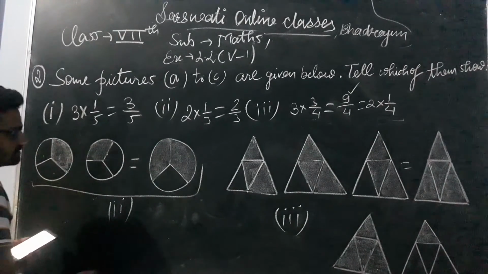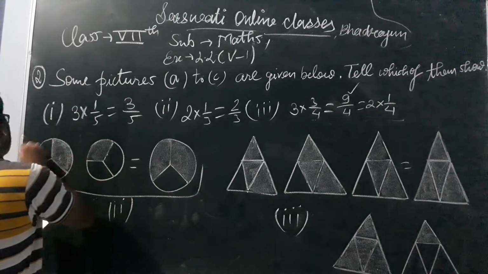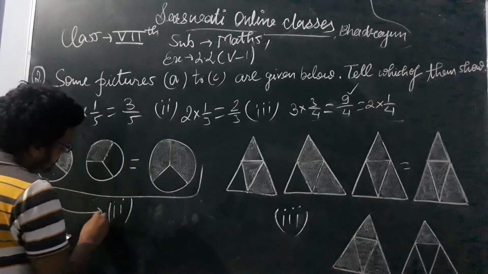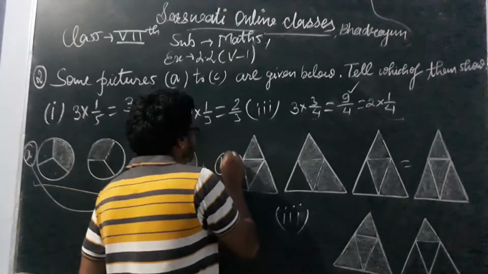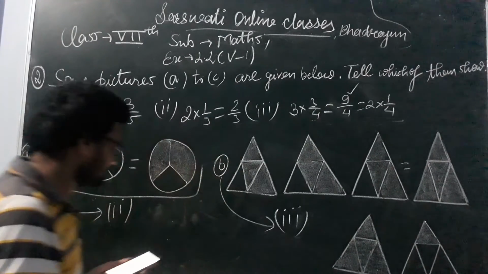So this was our part A. Our A is matched with our part second. This was our part B. Our part B is matched with our part third.